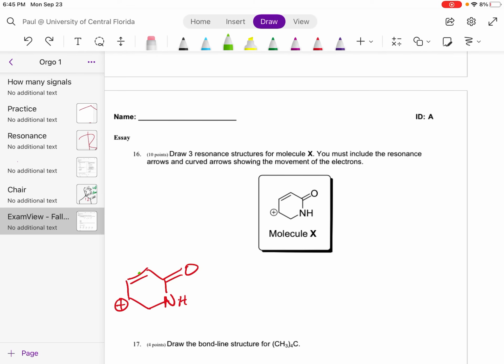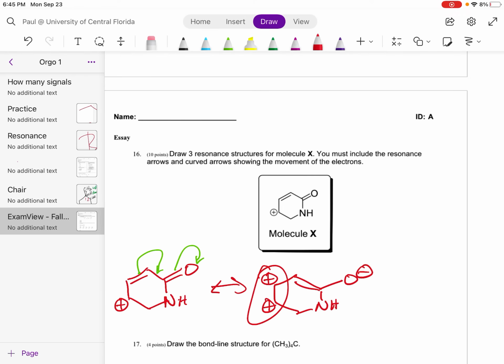When you see that, we can have resonance structures like that. So we could have a double bond there, just like that. And so that would be two positive charges right next to each other. Would that be a good resonance structure, like a major contributor? No, because you have two positive charges right next to each other. But did we break any rules?